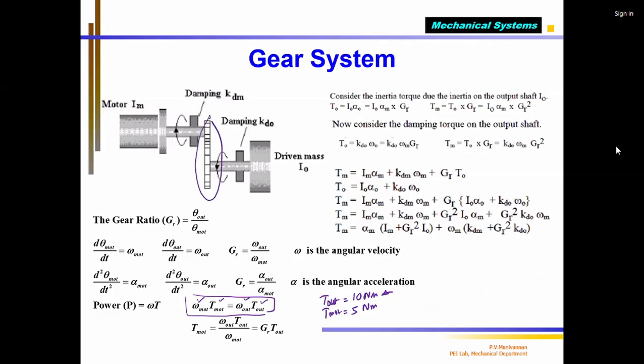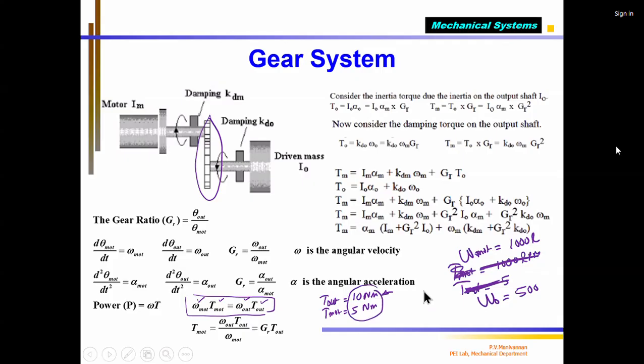That is what the gear is for. The only problem you will face is this: if the motor speed is, for example, 1000 RPM, maximum speed, the load speed cannot be more than 500, because the gear ratio can be calculated from this.